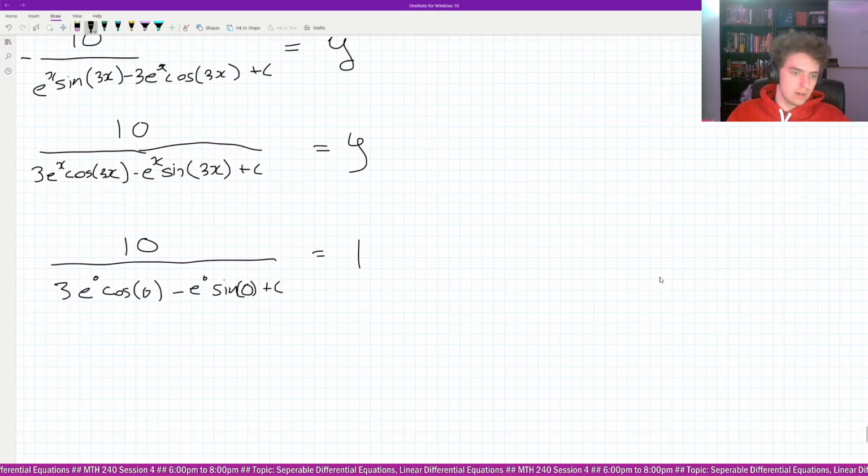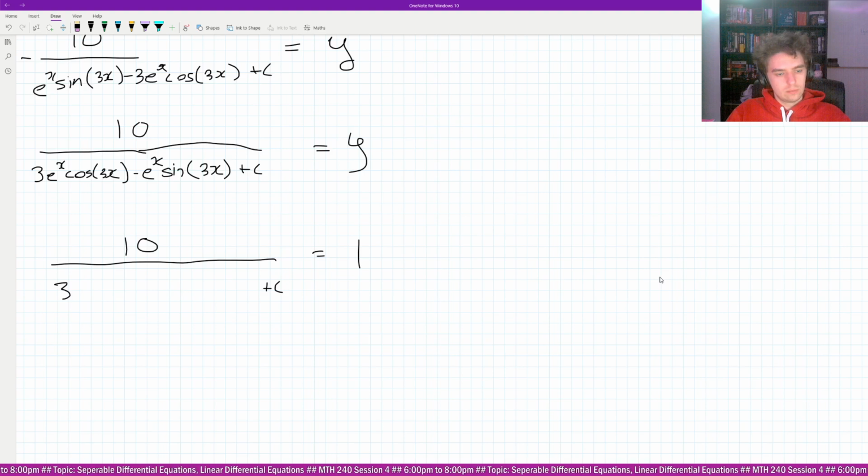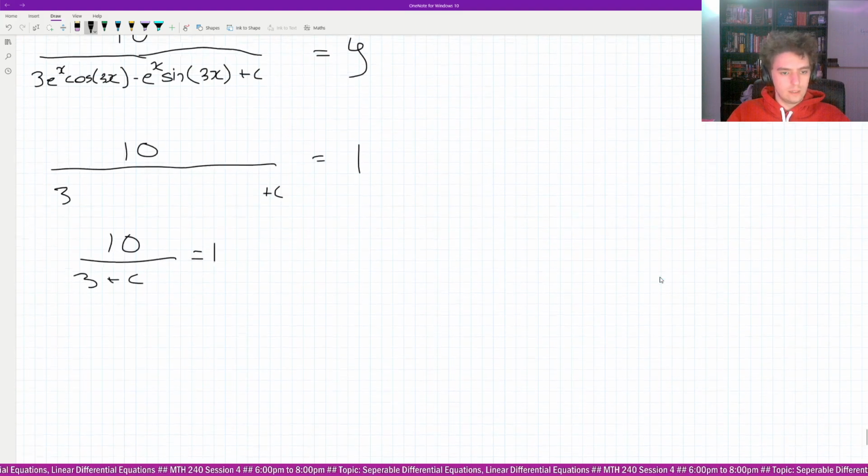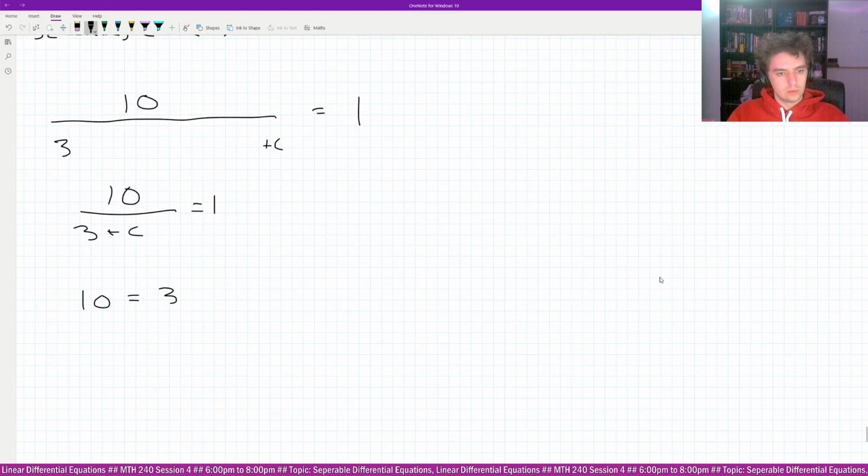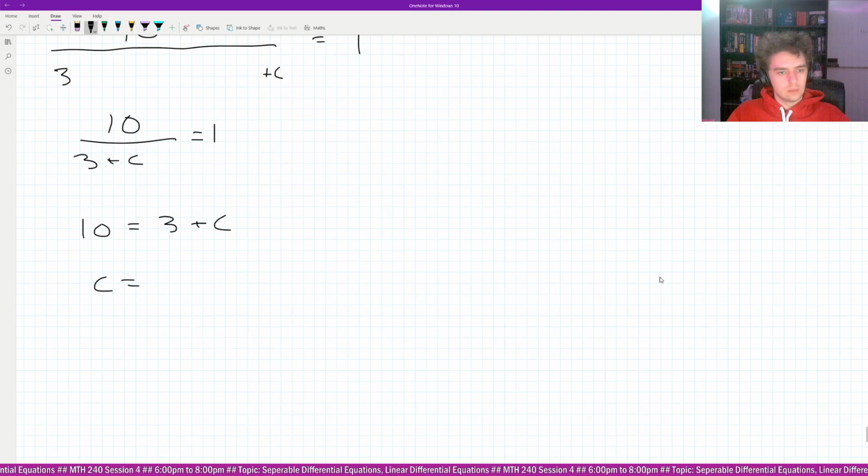So we just solve for c now. e to the 0 is 1, cos of 0 is 1, and sine of 0 is 0. So it's 10 over 3 plus c equals 1. Right? So 10 equals 3 plus c. c equals 7.